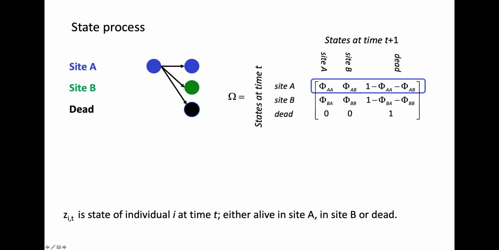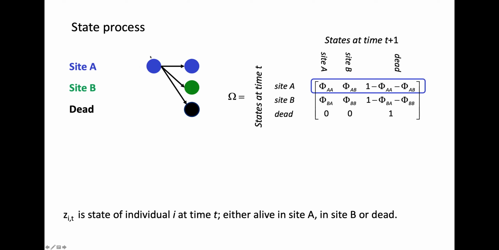Then once you know the state at t, to get the probabilities of being in either state at t plus 1, you're going to use the matrix we've introduced before. Remember, it gives you the states at t plus 1, given the states at t.